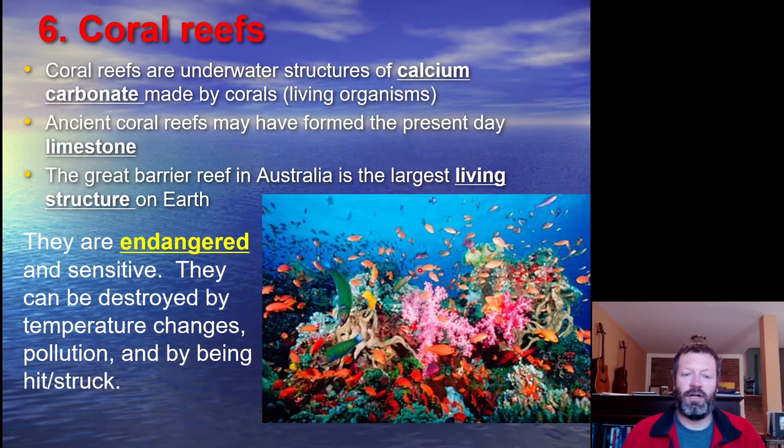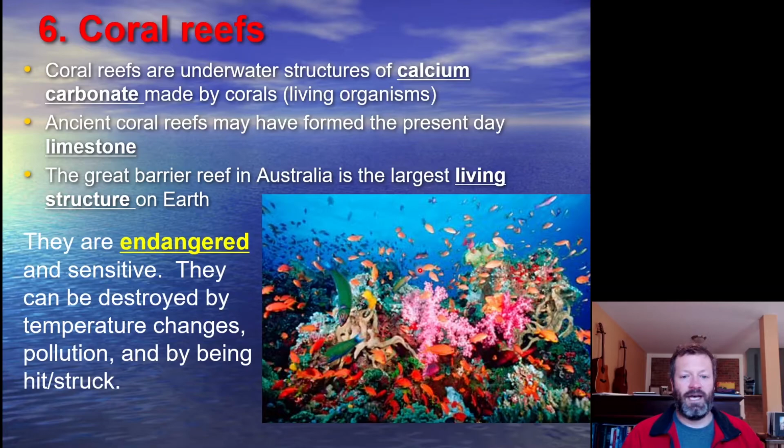Coral reefs are a key part of the ocean. Coral is alive, right? Coral are animals, marine animals that make these shells, and then they die off and build another little shell on top of that. So coral reefs are big living structures, and they're made of calcium carbonate, which is naturally occurring in seawater.